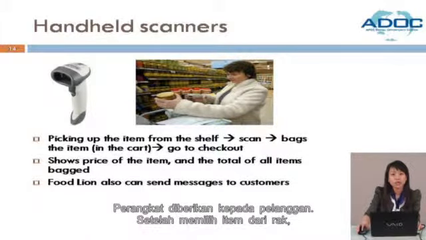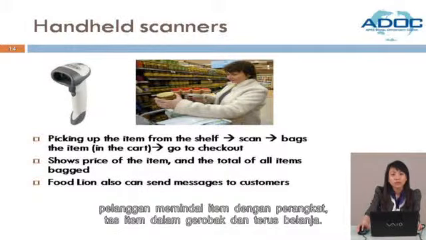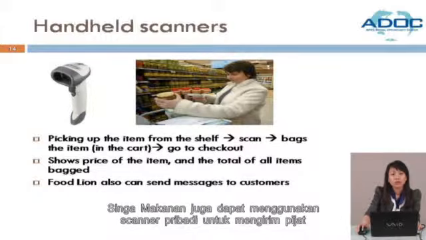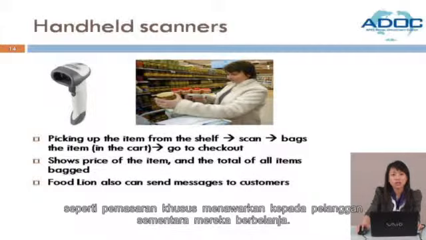After picking an item from the shelf, the customer scans the item with the device, bags the item in the cart, and continues shopping. The device shows the price of the item and the running total of all items bagged. Food Lion can also use the personal scanner to send messages such as special marketing offers to customers while they are shopping.